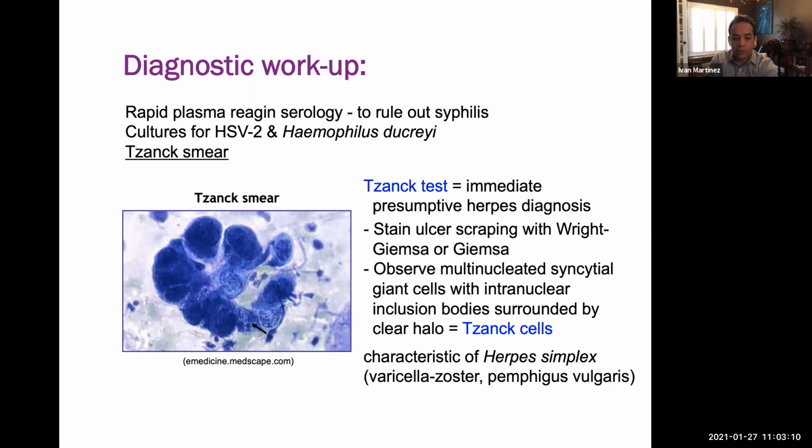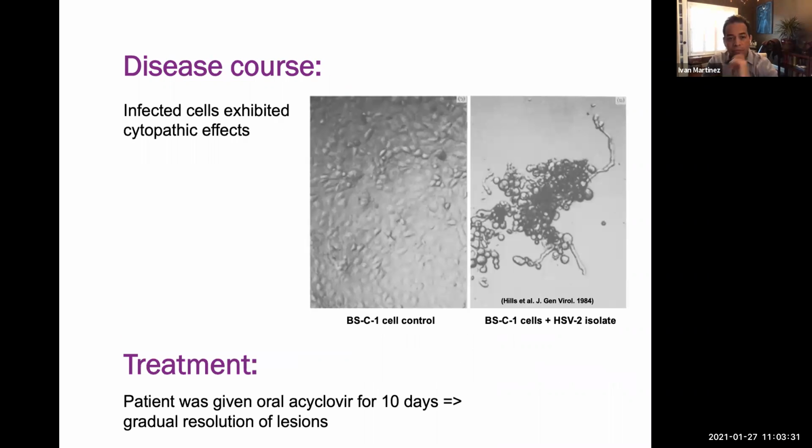Tzanck smears show these typical multinucleate syncytial giant cells. They are mostly a good sign that there's a viral infection, but they are not specific for herpes virus, so they could be a different type of virus that can cause Tzanck smears. The other way to do it is to infect cells in vitro and look for cytopathic effects.